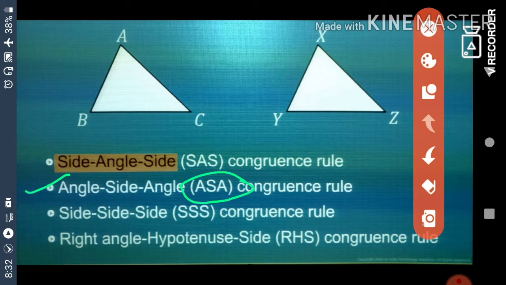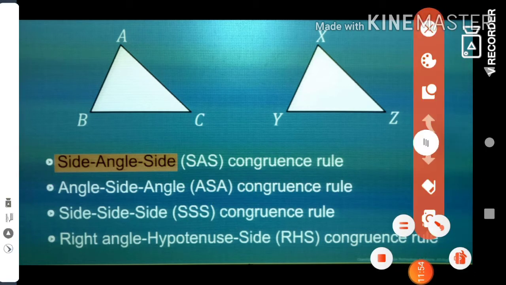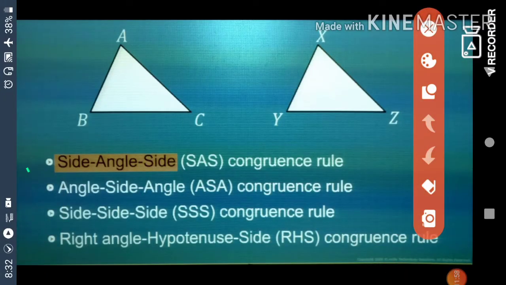So we will talk about only three congruency rules: SAS, triple S, and RHS. SAS stands for side angle side, triple S stands for side side side, and RHS stands for right angle hypotenuse side congruency rule. Let's learn about these three one by one.